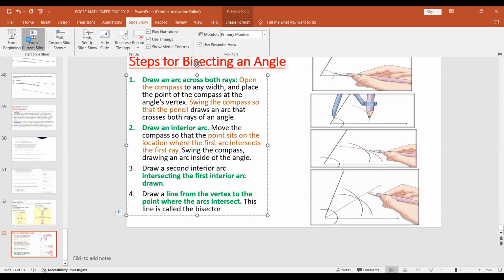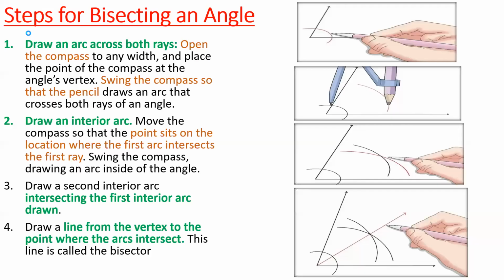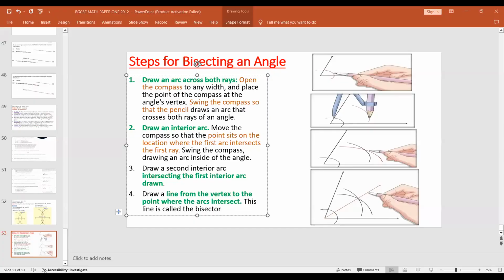Okay, so good. Now Gilbriana, can you read the 4 steps on how to bisect an angle? Yes, sir.